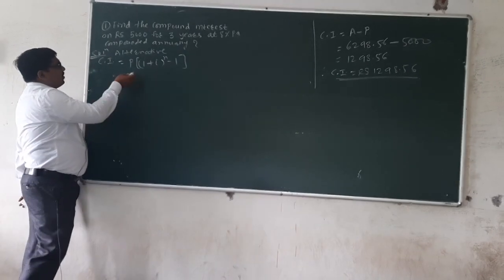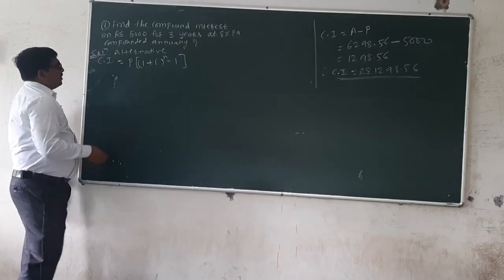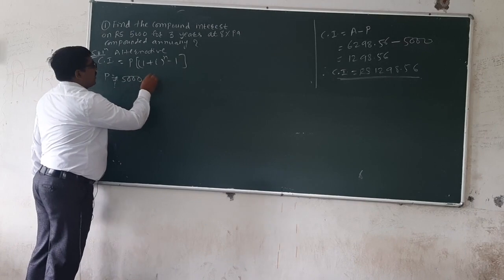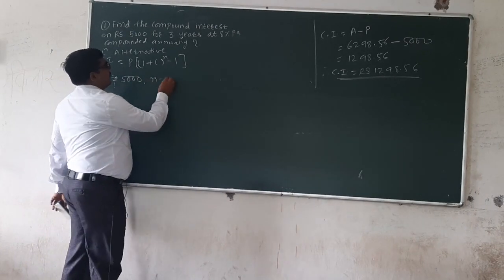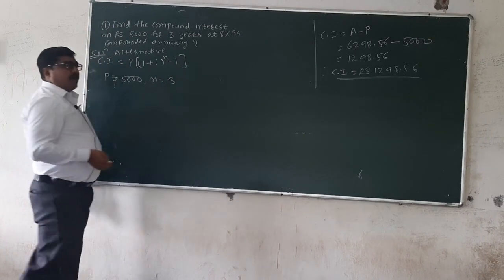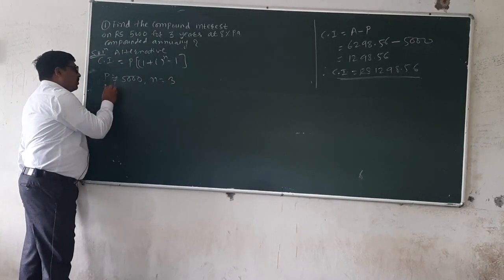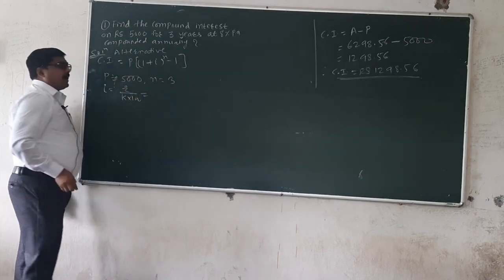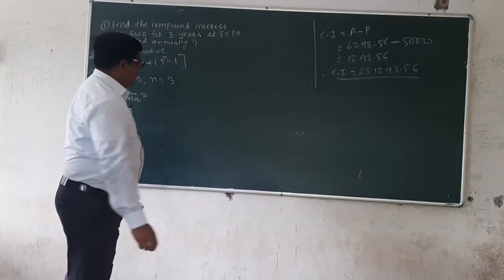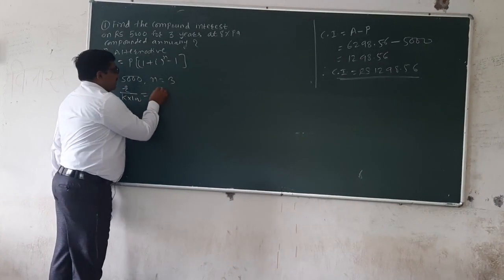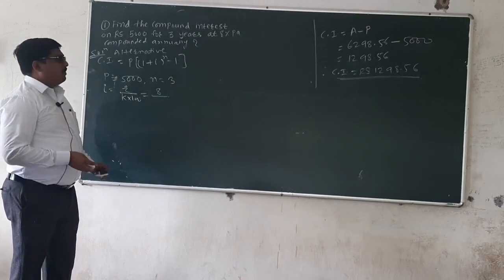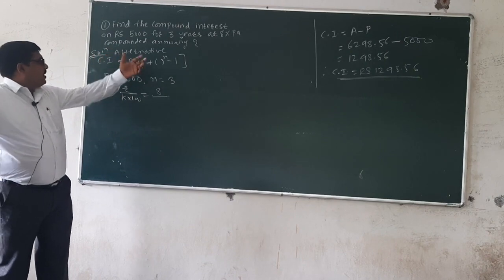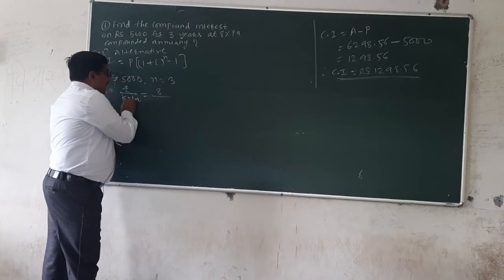Now here P is 5000. N is 3. Now what is I? I equal to R upon K into 100. What is K? K is the number of conversion periods in a year. Here R is 8. Number of conversions in a year: your compound interest is calculated annually, that's why K is 1.